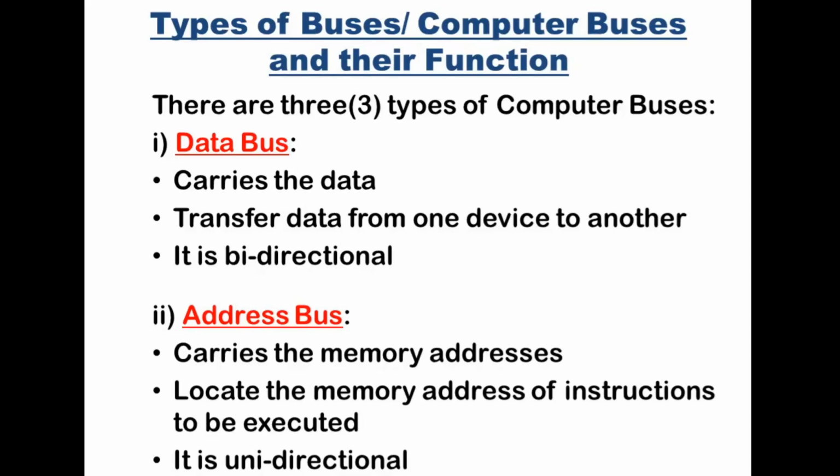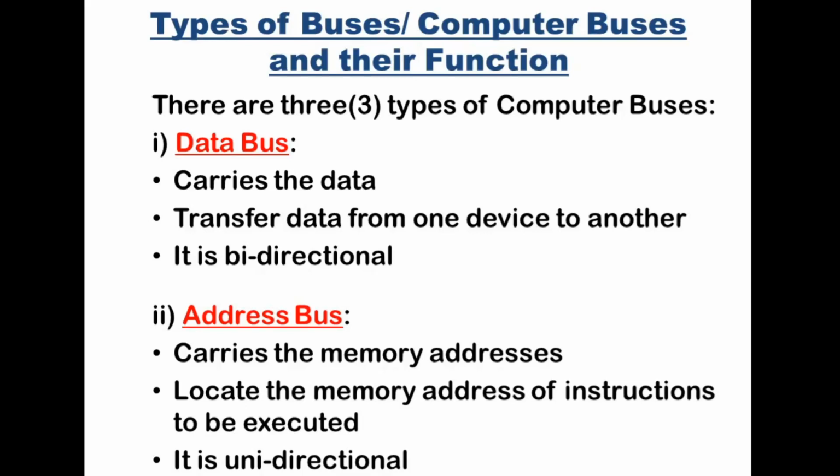Bidirectional means it can carry the data to the components, it can go to the memory and take the data back to the central processor. That is why it is bidirectional. It can transfer the data, it can read the data. So both read and write operations are performed by the use of the data bus.